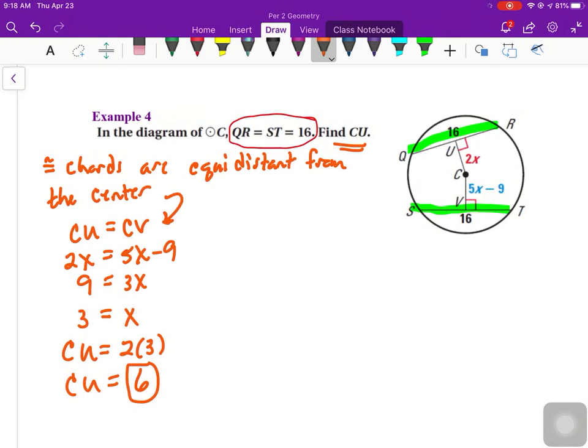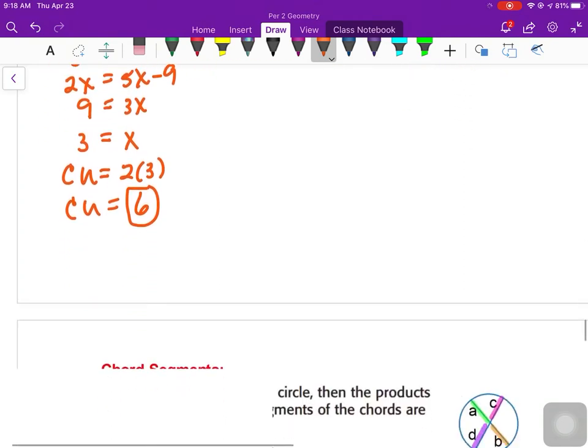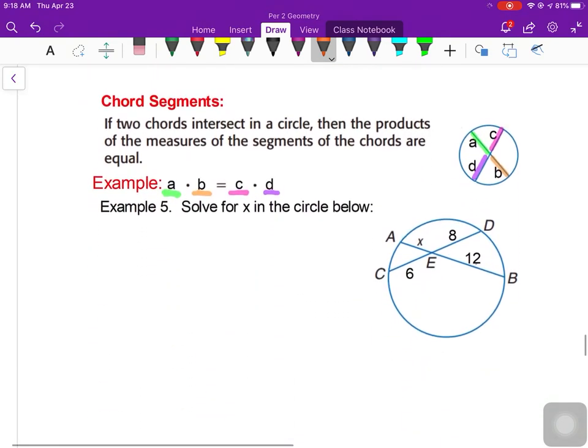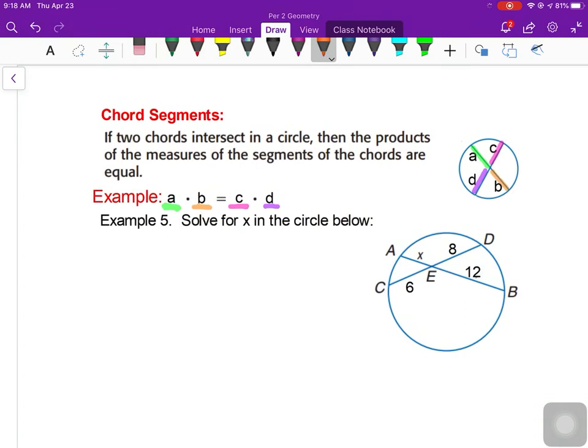The last new concept we're going to talk about today is when we have two chord segments that cross inside of a circle. When you have two chord segments that cross inside of a circle, the products of the measures of the segments of the chords are congruent.